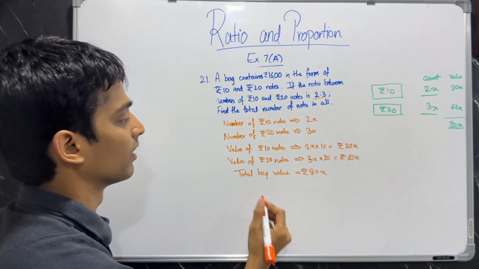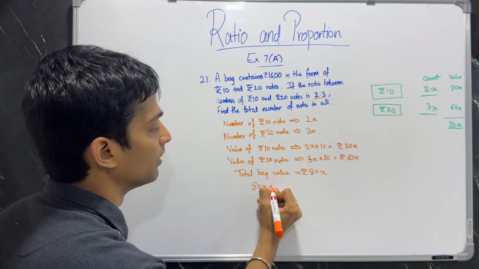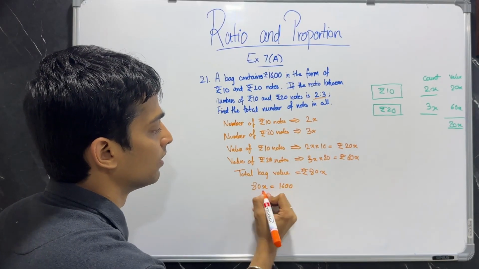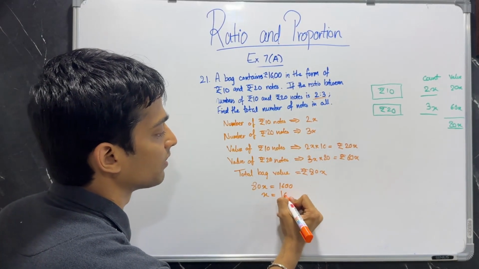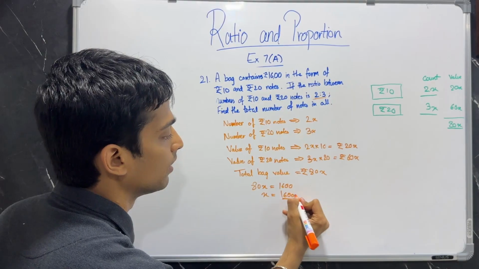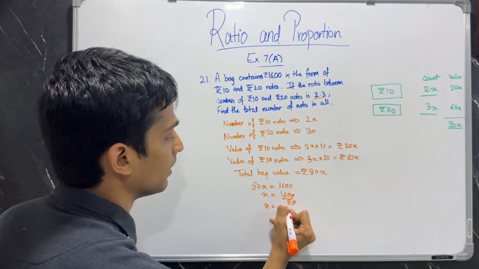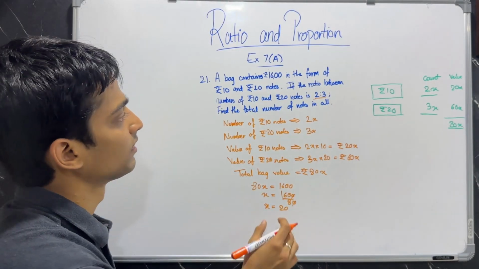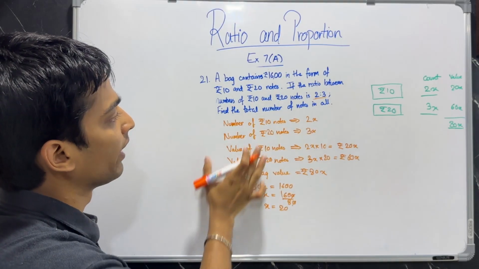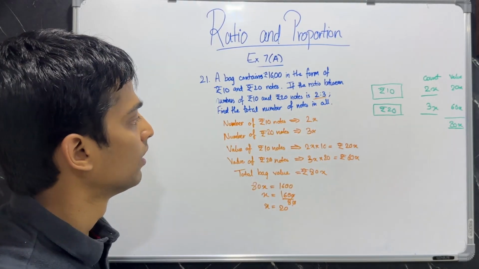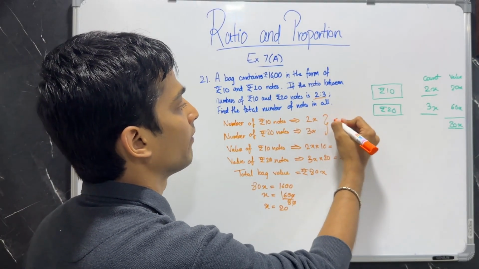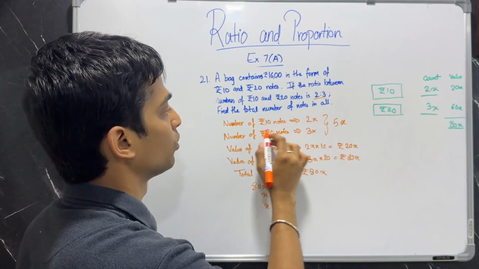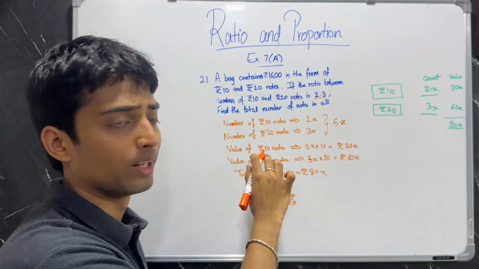And we already know the actual value, so we can just equate this. 80x is 1600, so 80x is equal to 1600 rupees. So x would be 1600 upon 80. We get x is equal to 20. X is 20 and we want to find the total number of notes. So the total number of notes will be 5x, because 2x 10 rupee notes, 3x 20 rupee notes.